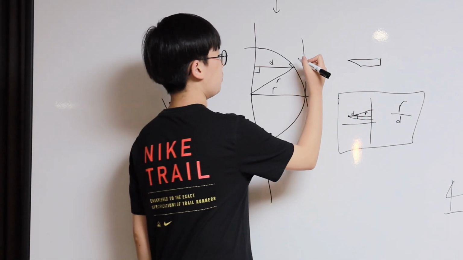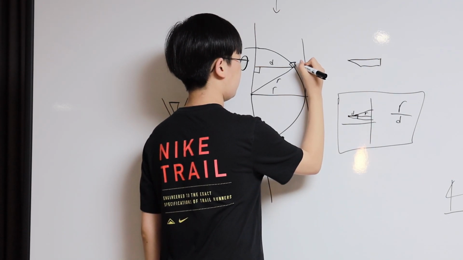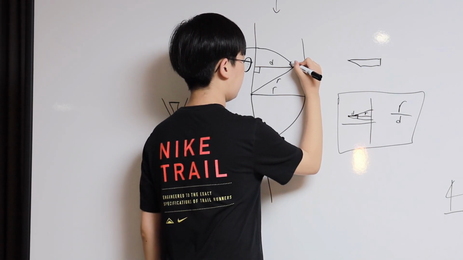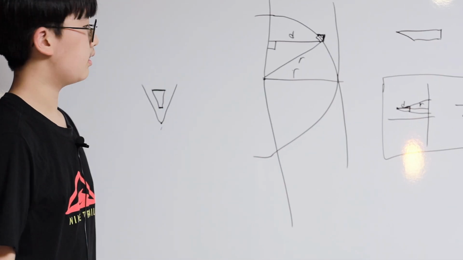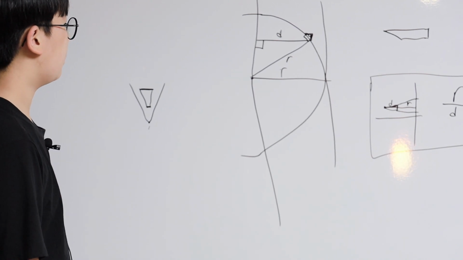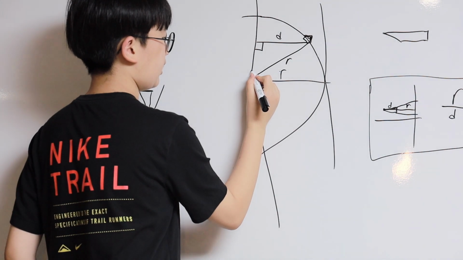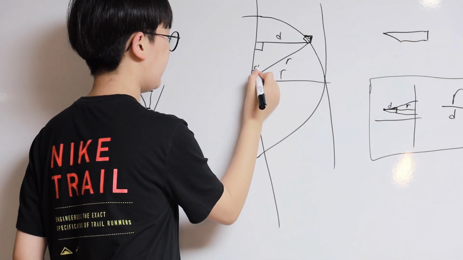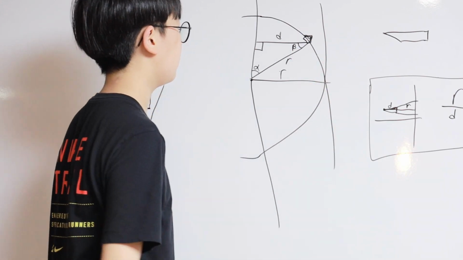We are also going to draw a little triangle here. This angle should be 90 degrees. Also, we're going to call this angle alpha and this angle beta.